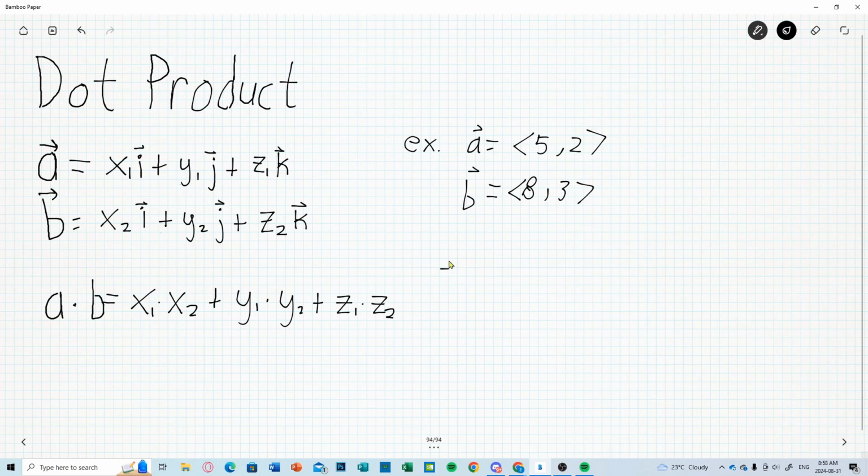We know this goes by x and y, so even though the x's aren't written, we still know these two are x. So A dot B equals 5 multiplied by 8 plus 2 multiplied by 3, which gives us 40 plus 6. So our answer for this dot product is 46.